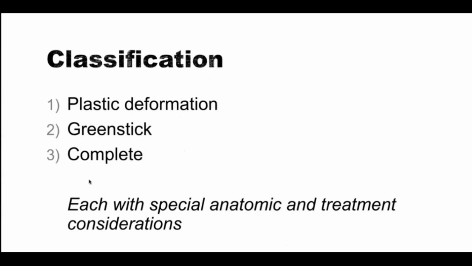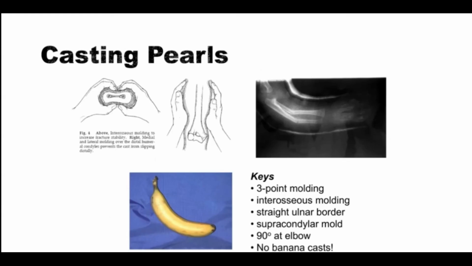So, any more thoughts on casting? If you become an ortho resident, you'll be excellent at this. There'll be lots and lots of opportunities to put on good casts and splints. So it is okay to put on a cast acutely in the eyes of, I think, all pediatric orthopedists.